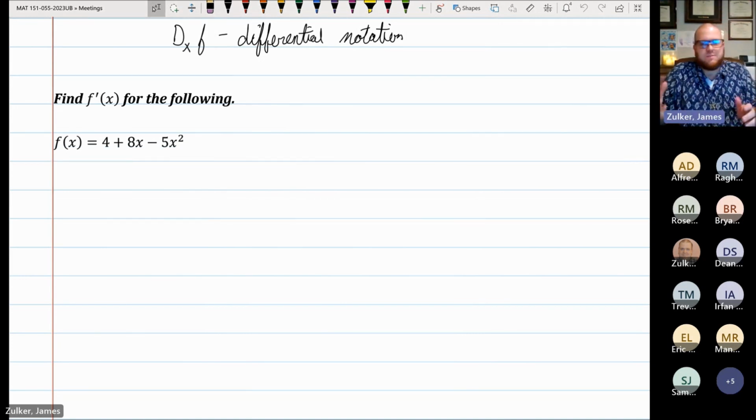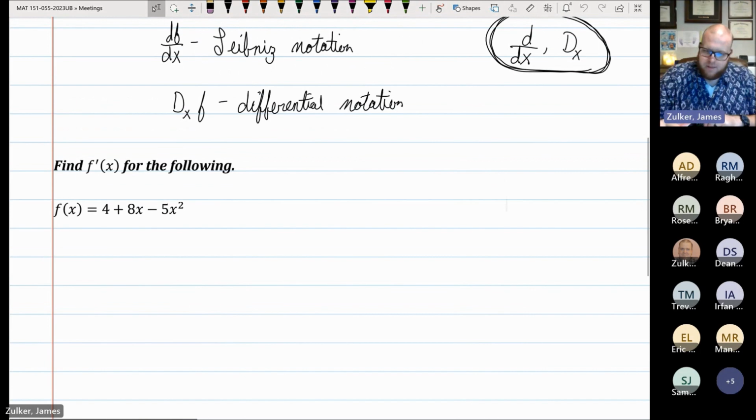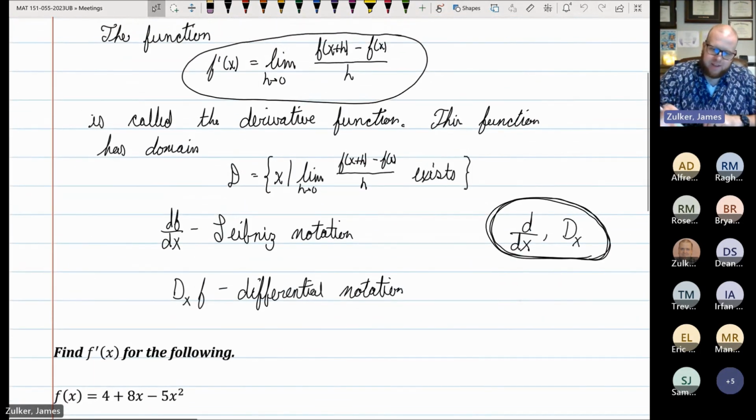So we're going to differentiate the following functions. We're using the definition first. Right? That means that we want to plug it into here.